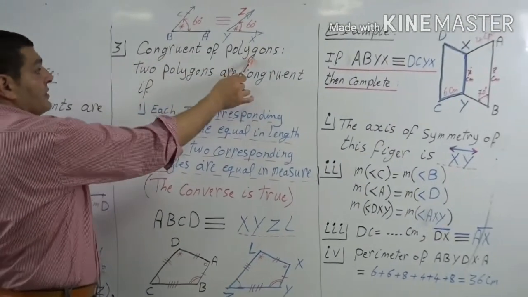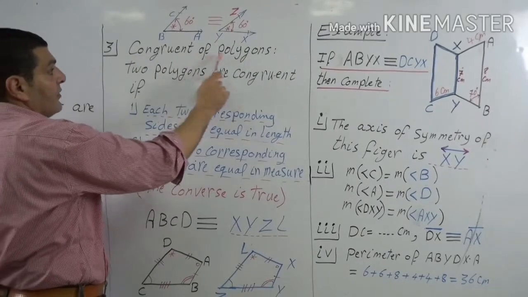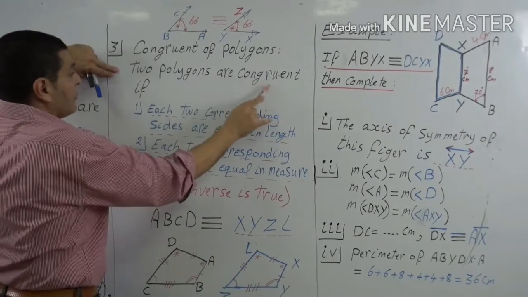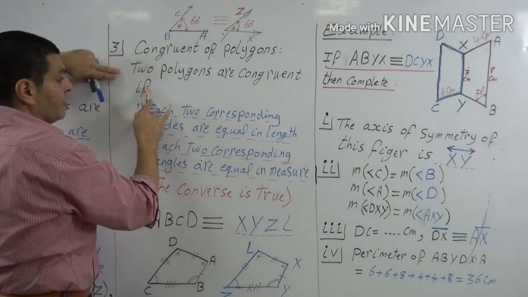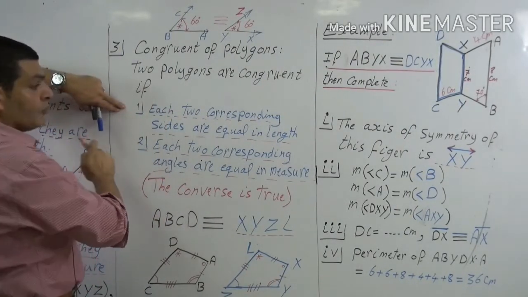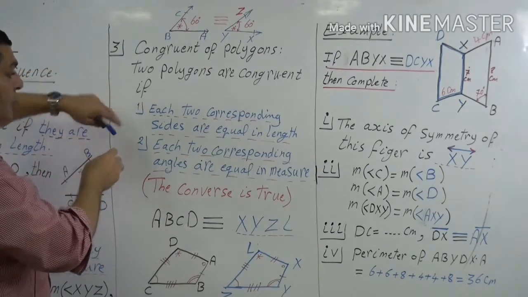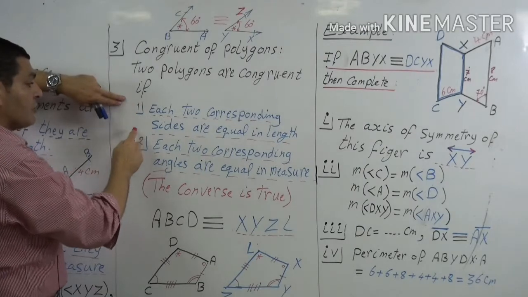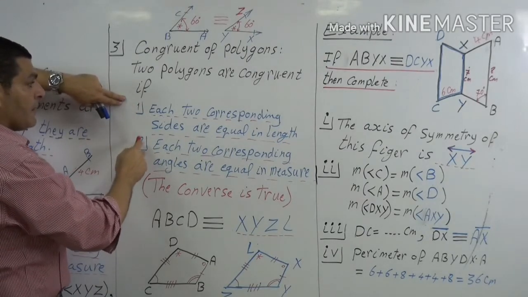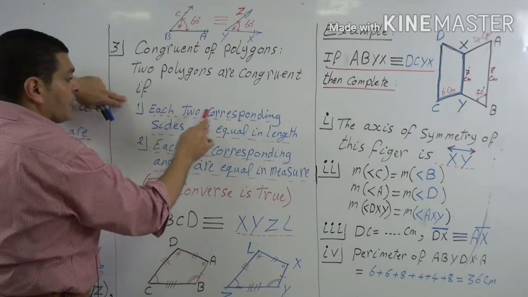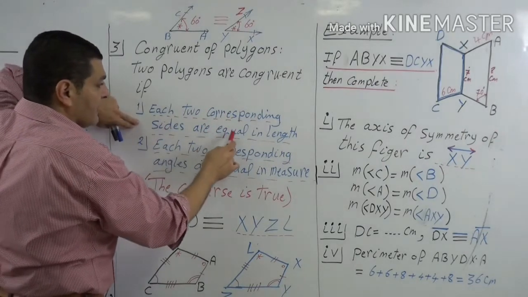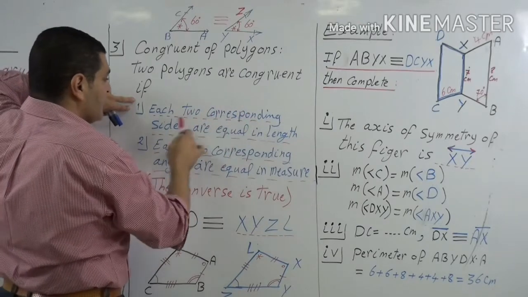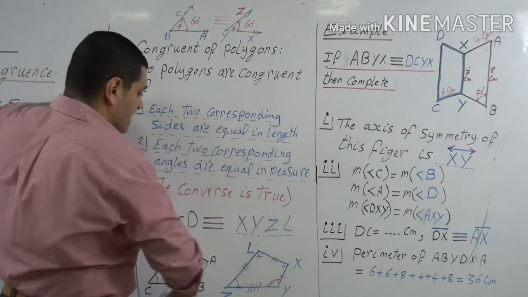Congruent of polygons. Two polygons are congruent if two conditions are met. We need both of the two conditions. Condition number 1: each two corresponding sides are equal in length.